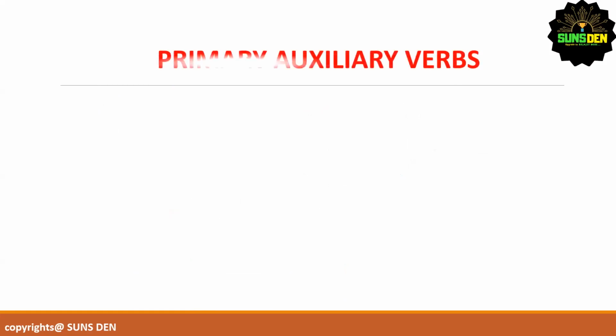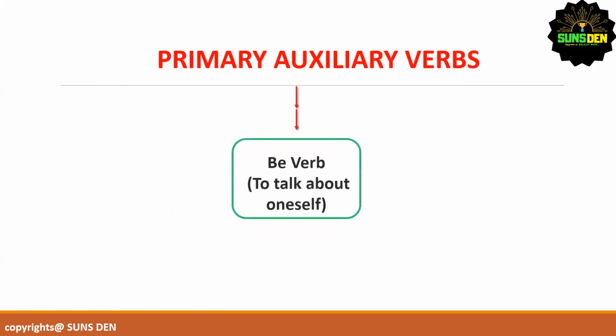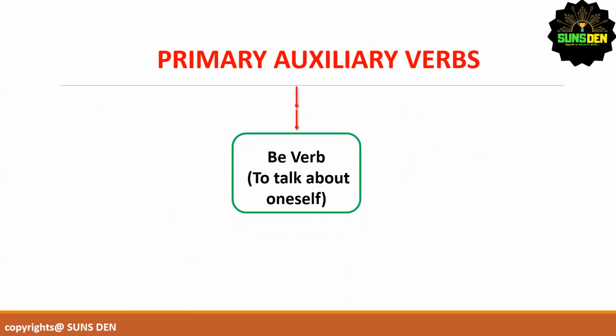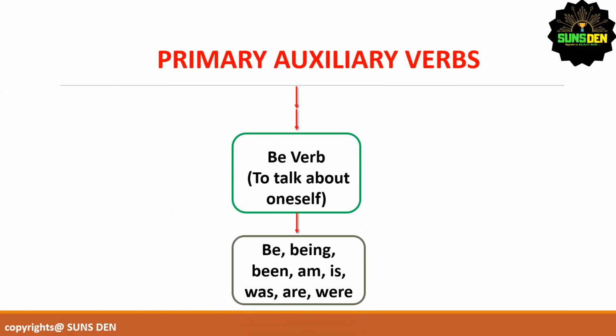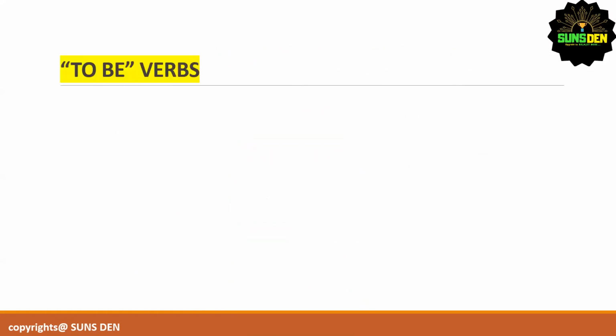Now, what is a be verb? A be verb talks about oneself or about others, the state of being. It has 5 different forms. Be, which is the to-be infinitive; being, which is the gerund; been, which is the past participle; am, is, and was, which are present tense; and are and were, which are past tense.